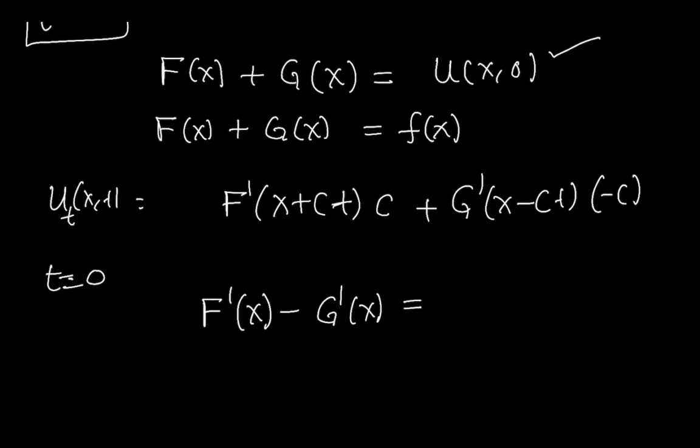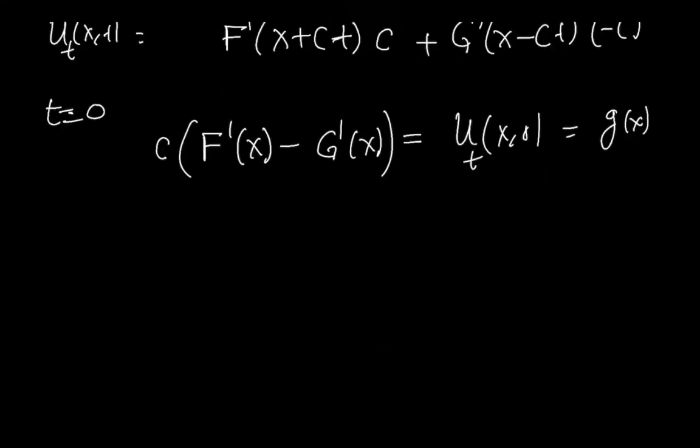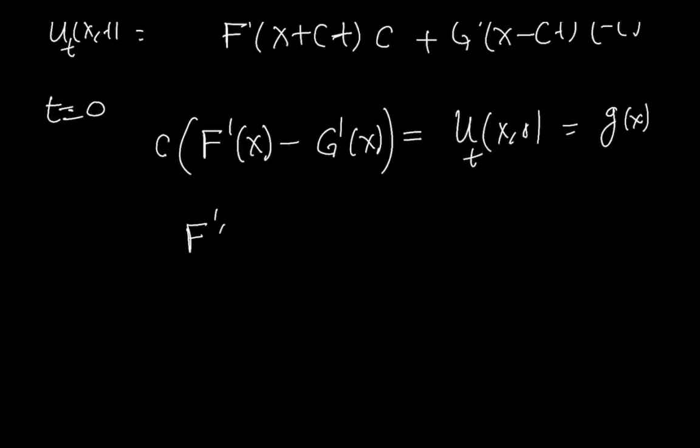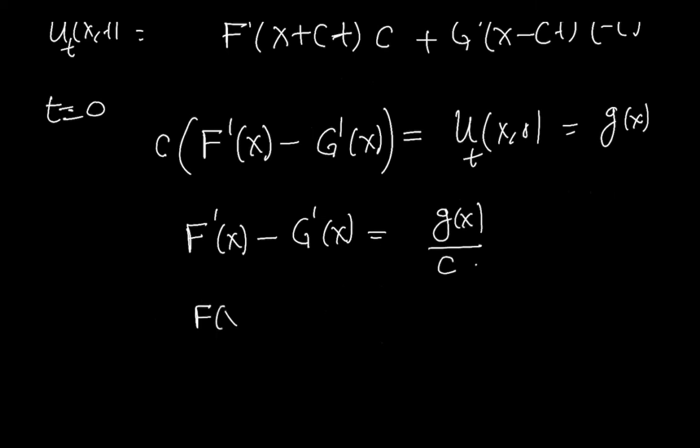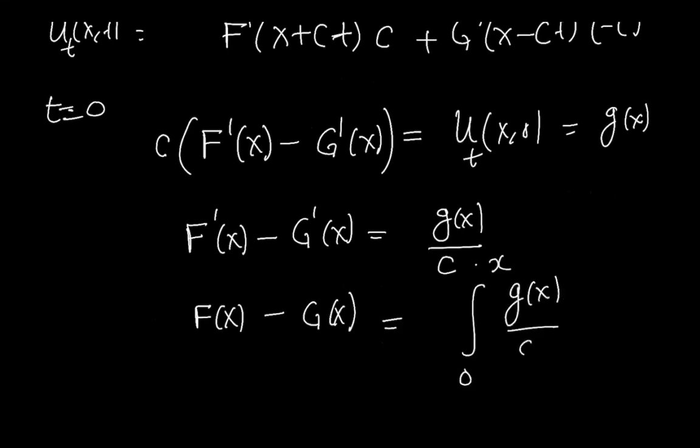times c, since I pull out the c, is equal to U_t(x, 0), which is equal to g(x). Therefore, F prime of x minus G prime of x, that's the total derivative, is g(x) divided by c. Therefore, F(x) minus G(x) is equal to the integral from 0 to x of g(x) divided by c dx.